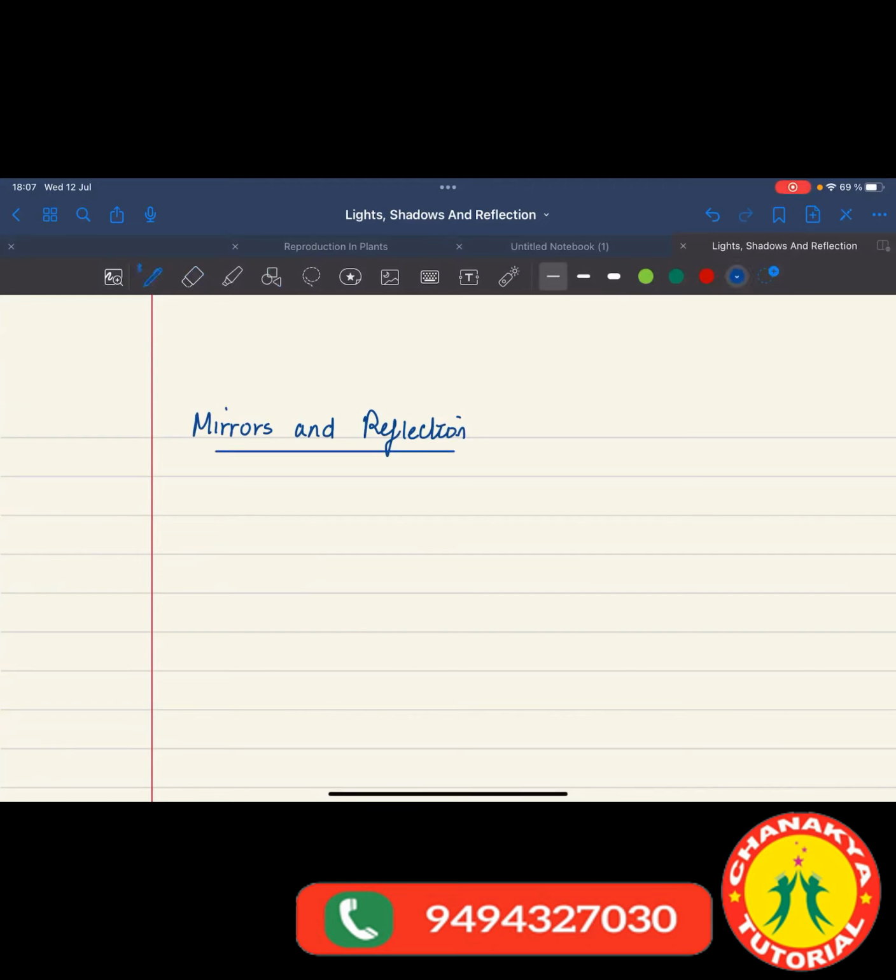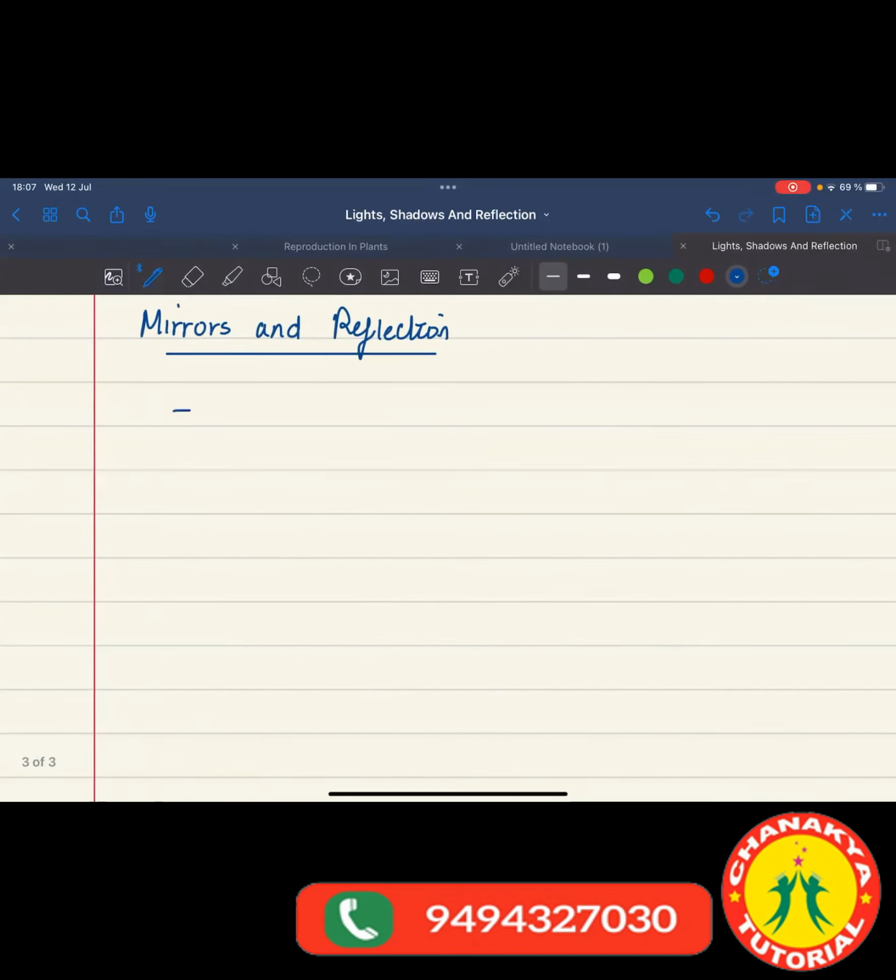So a mirror is nothing but a surface. It's made up of glass. It will reflect the light in order to produce clear and erect images. Erect means stable images. Rather than the image being like this, the image is straight, it's erect.